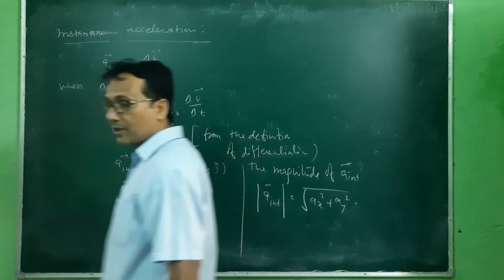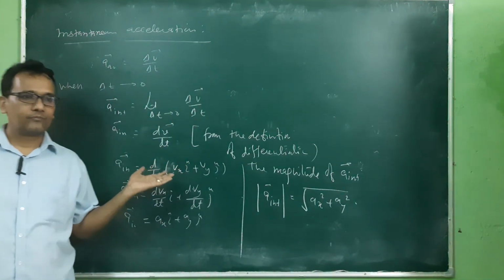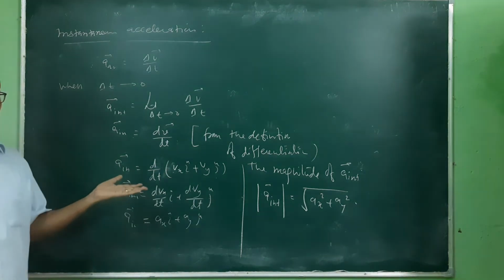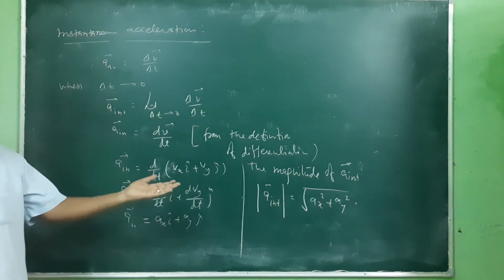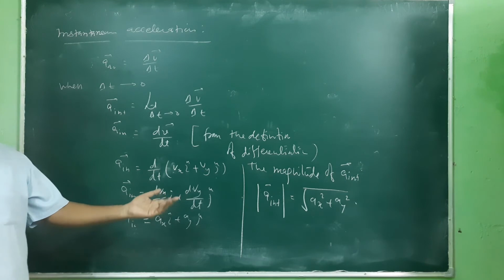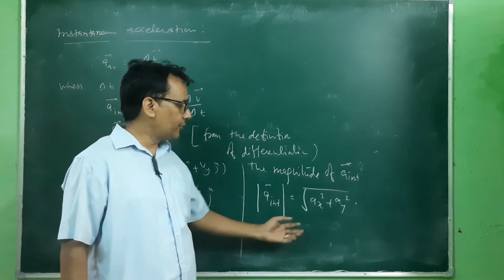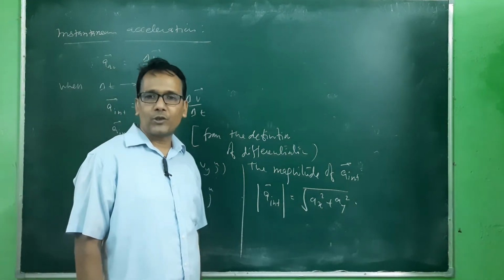Okay, now let us talk about the direction. We have found the magnitude of both. Magnitude will be formulated similarly in both cases, root of ax square plus ay square.